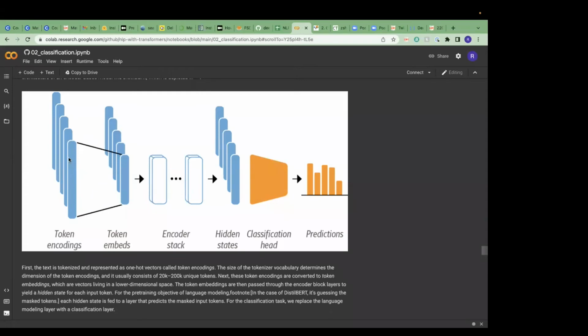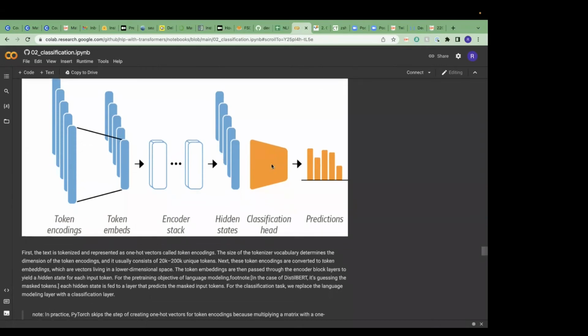One of these columns is one token, but the columns in your hidden state take information from multiple tokens. They're contextualized.